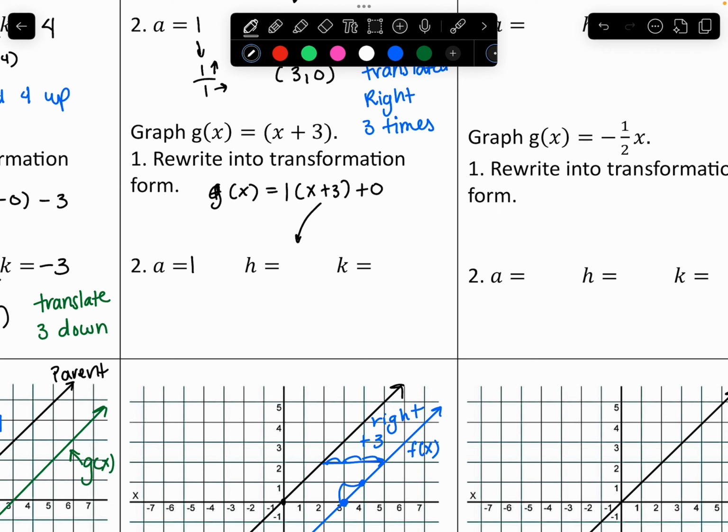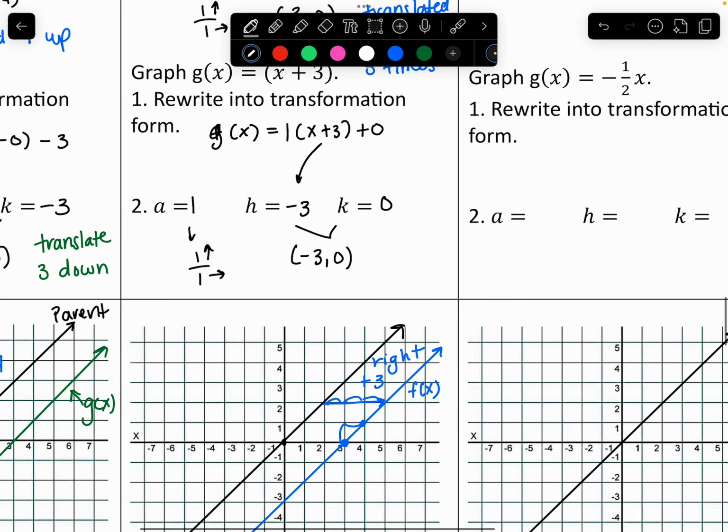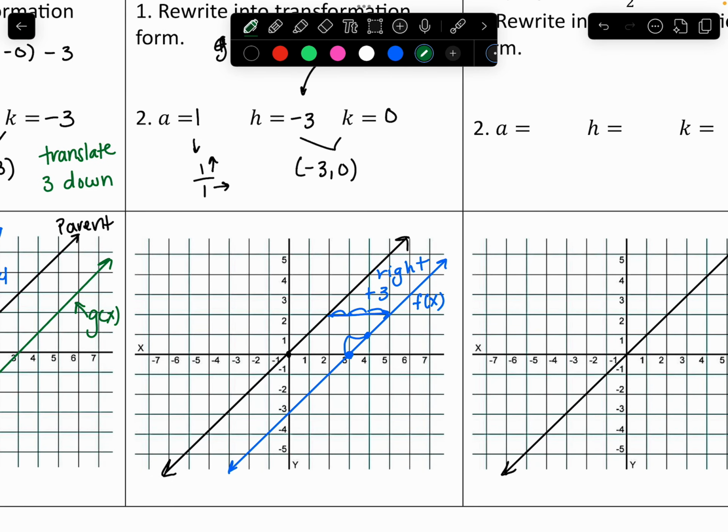Remember, h is a liar, so instead of +3, it's going to be -3. My k would equal 0. So I would start at -3, 0. My slope is 1/1. So at -3, 0, I go up 1 to the right once, and then graph.